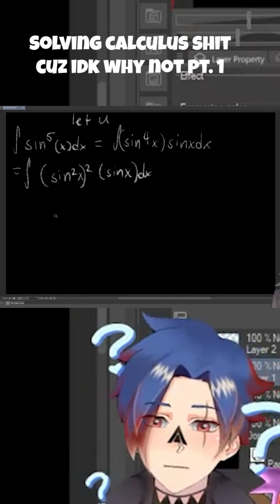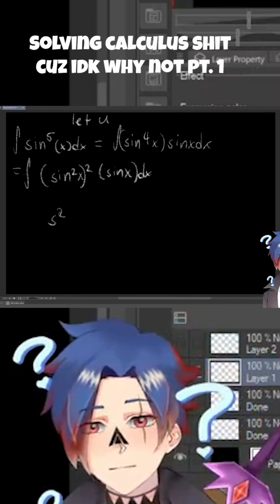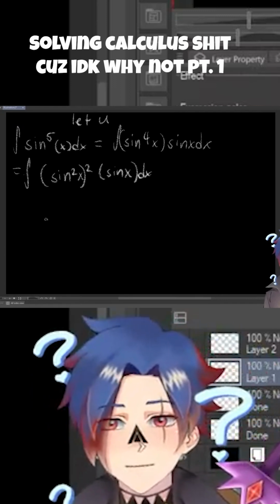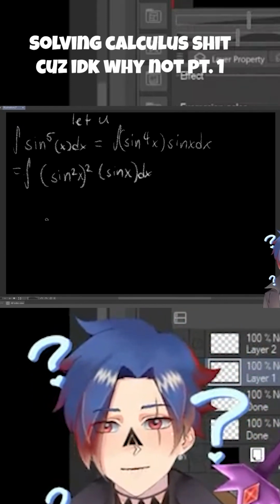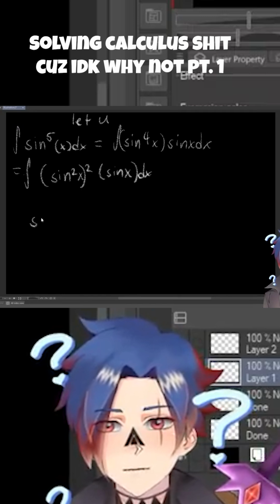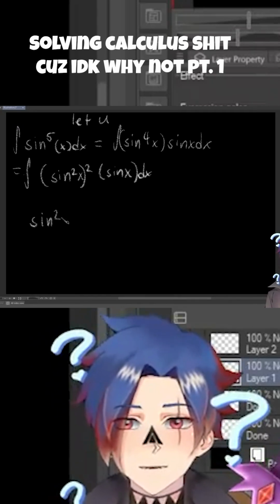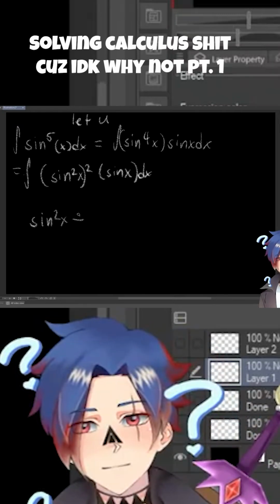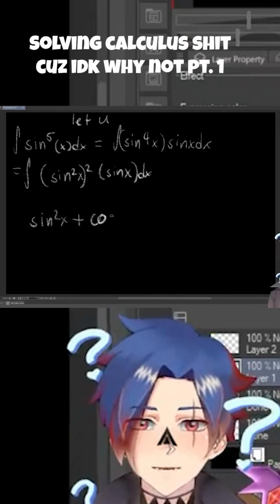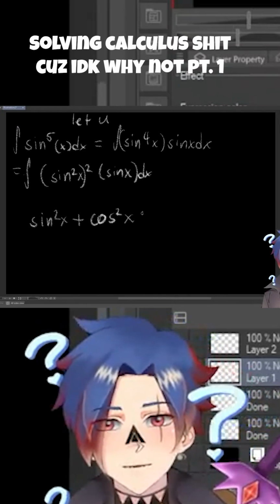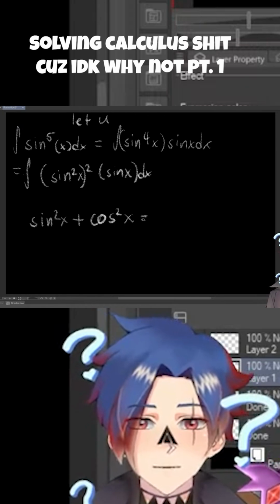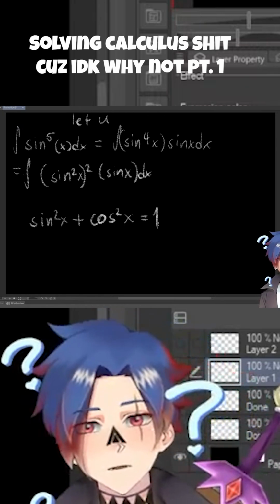So sine^2 x plus cosine^2 x is equal to 1.